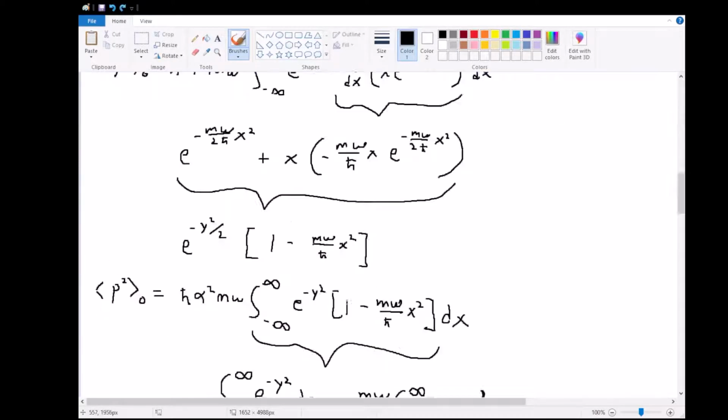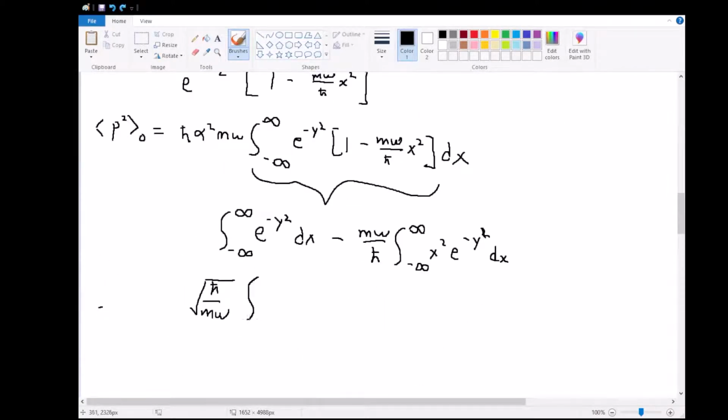H bar over m omega, yeah. Times our integral from negative infinity to positive infinity of e to the negative y squared dy, minus, and here we have two x terms and one dx term, so this is minus m omega over h bar times h bar over m omega to the 3/2.